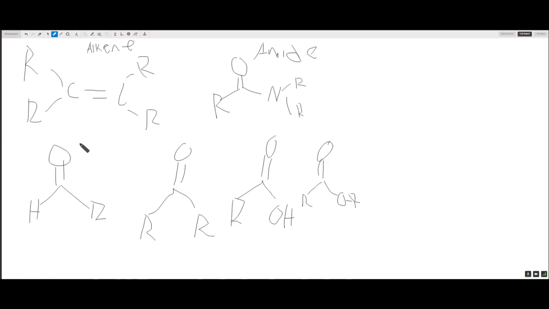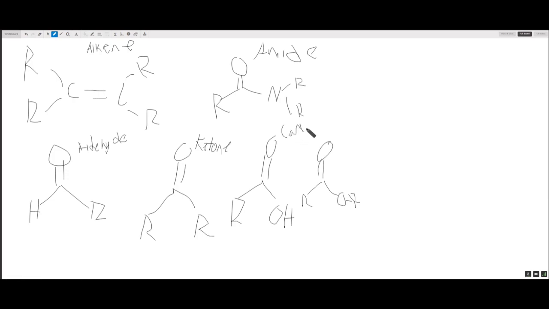We're going from an aldehyde, which I'll explain these all later. Aldehyde, ketone, carboxylic acid.